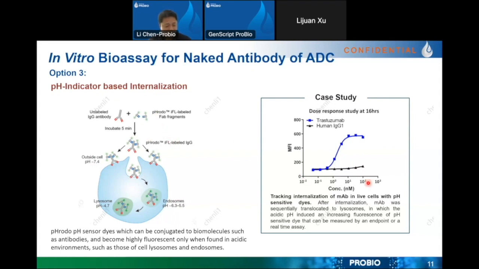The case study we did with Herceptin showed a decent dose response curve of fluorescent signals after incubation for 16 hours.